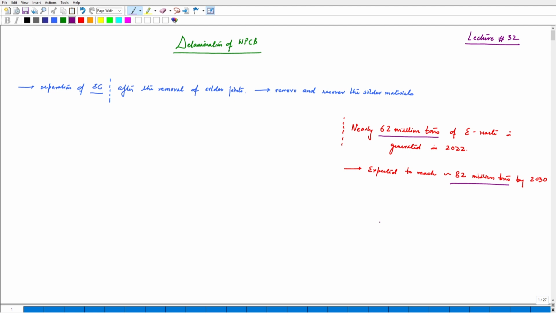And therefore, this actually means it is important for completion of the material cycle.